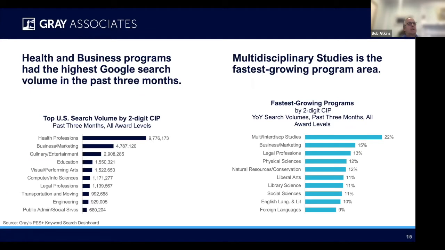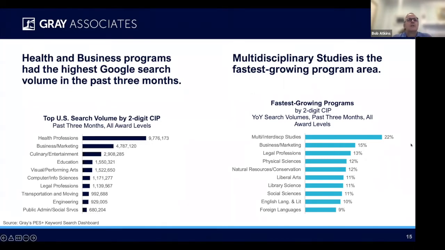Education is a drop, again, of about 50%. Then we get visual and performing arts, about even with education. Then another big drop down to 1.1 million, computer and information sciences and legal. And then a series down around 1 million: transportation, engineering, and public and social services. Now, if we look at the 2-digit zips and say what's growing, the list changes quite a lot.